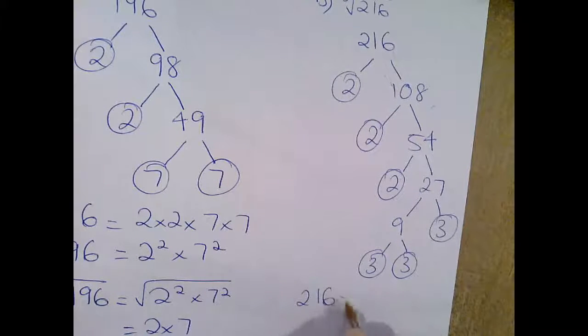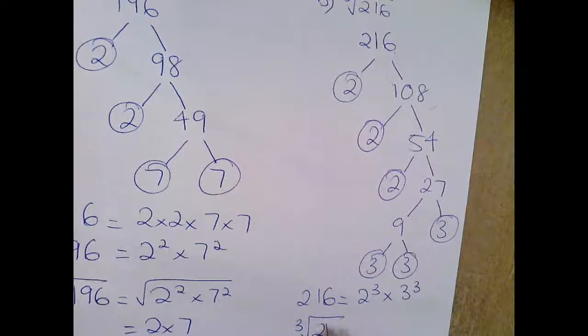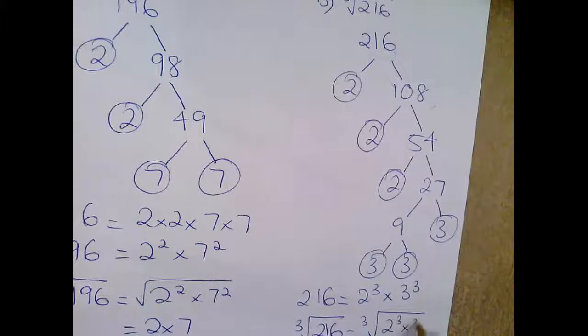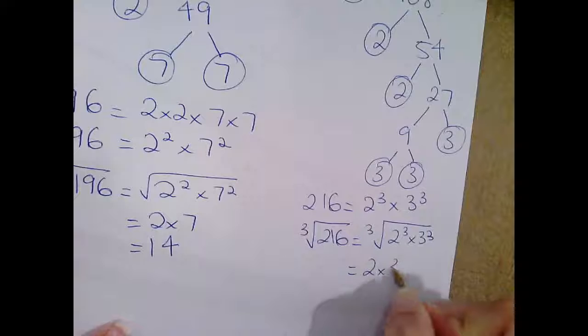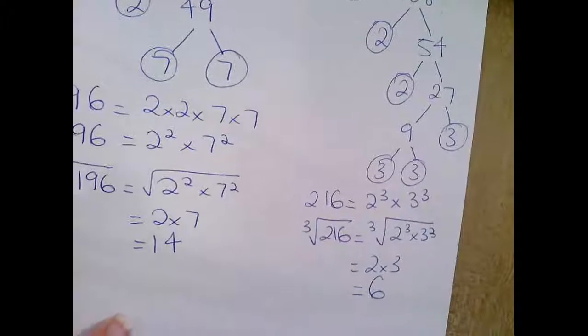So 216 can be written as 2 cubed times 3 cubed, and we want to find the cubed root of 216. So the cubed root of 2 cubed times 3 cubed, which is very similar to what we did over here. We'll just be left with 2 times 3, which is 6.